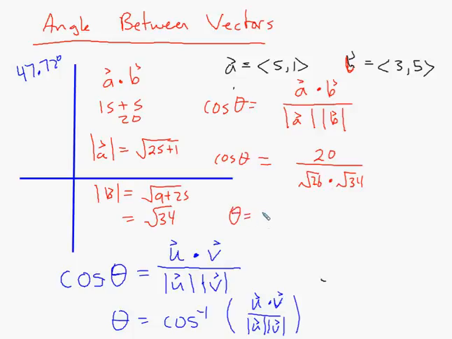So I'm going to do theta equals inverse cosine. Now when I type this in my calculator, I'm going to be very careful of my parentheses. It's going to be 20 divided by the quantity root 26 times root 34. Some calculators, you may need to be even extra careful and put a parenthesis around each of these additionally.